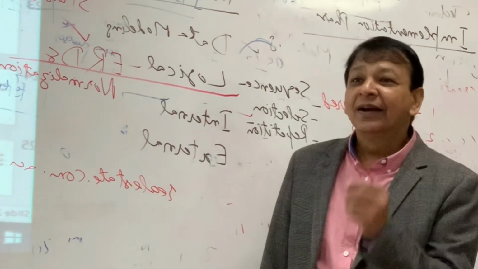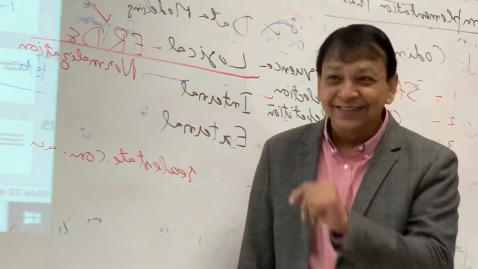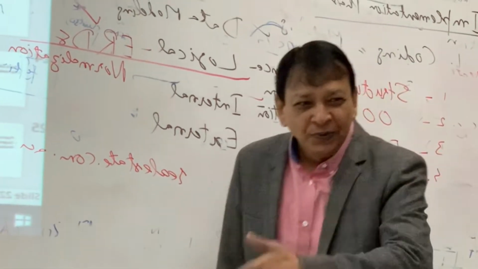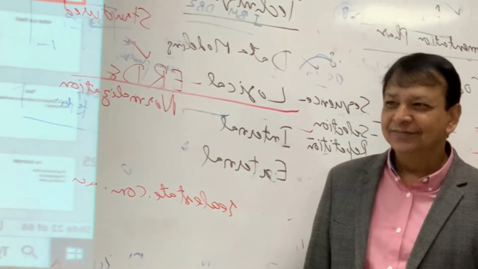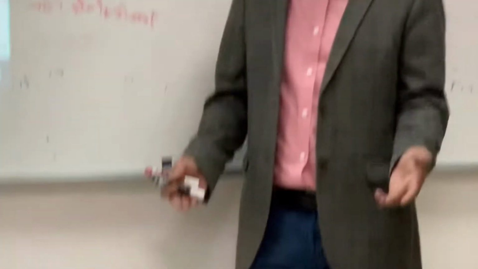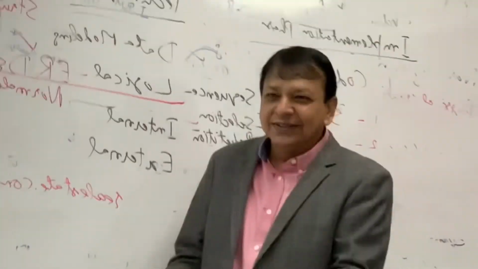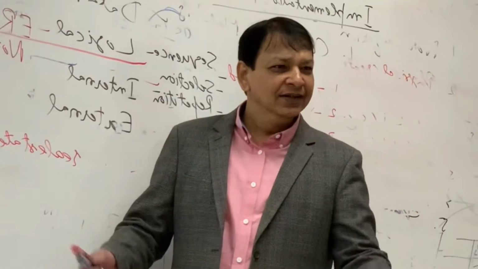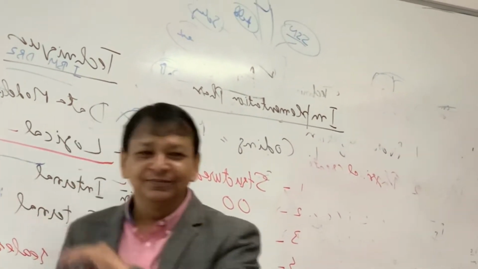Step number 3, write processing instructions. Step number 4, output instructions. That's it. This is what we need. We already declared our variables, we have input instructions, processing instructions, and output instructions. Done. There are 4 steps to write code.